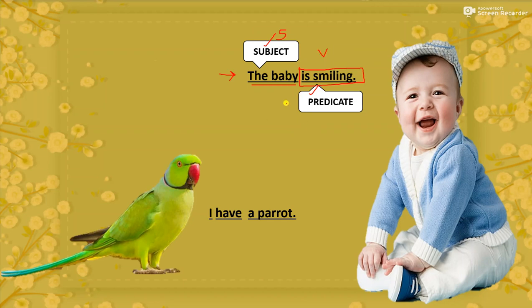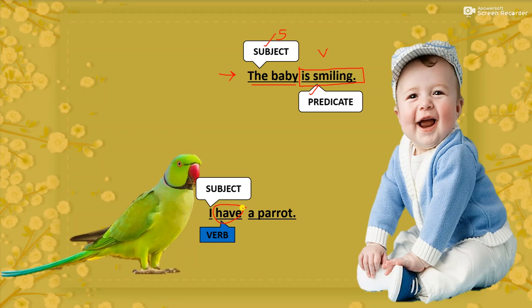I have a parrot. So again we come to bifurcation of the sentence. Remember, the sentence begins with the subject. So here this word, I, which is a pronoun, is the subject. After the subject we have this verb, have.